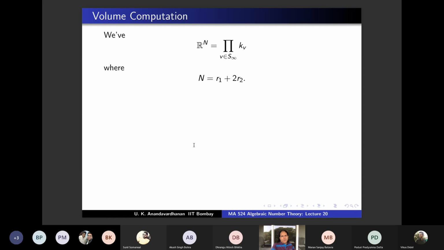So this is our standard notation. n is r1 plus 2 r2, and R^n is the product of the completions at v in S infinity. Why is that? Because r1 many copies of R are coming, and r2 many copies of C are coming. So the dimension over R will be 2 r2 plus r1, which is n.